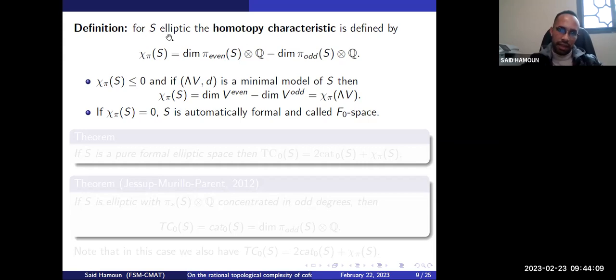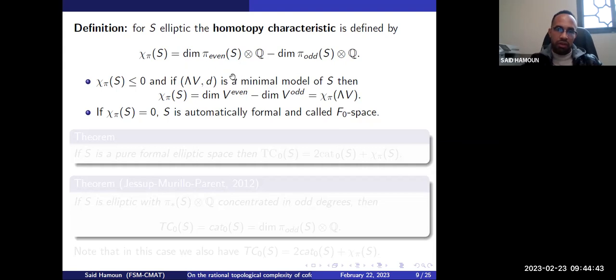For S elliptic, the homotopy characteristic is defined to be the dimension of the even part of the rational homotopy minus the dimension of the odd part of the rational homotopy. By ellipticity, it is known that χ_π is always non-negative, and if χ_π(S) equals 0, then the space is formal and it is called an F0 space.